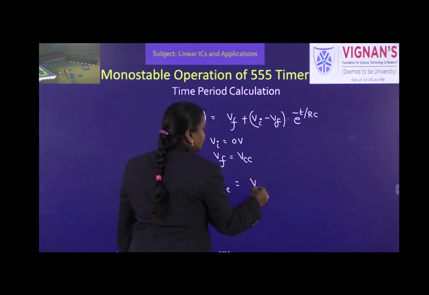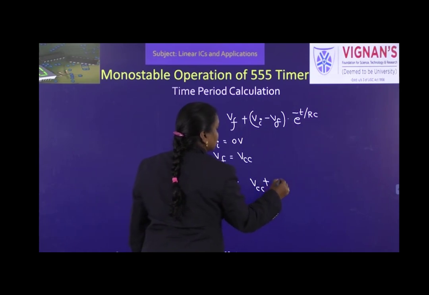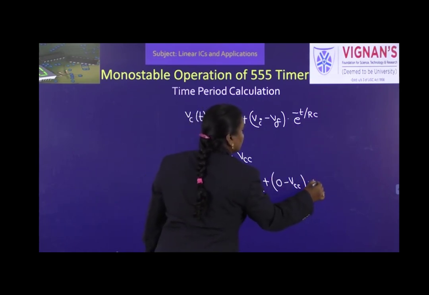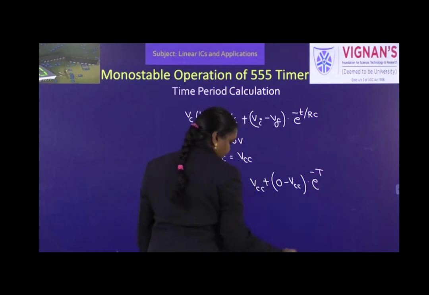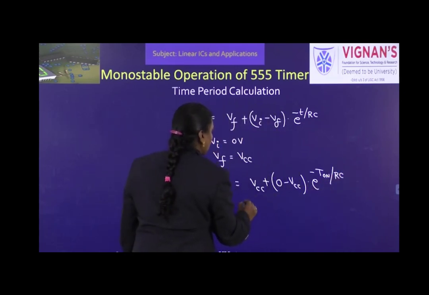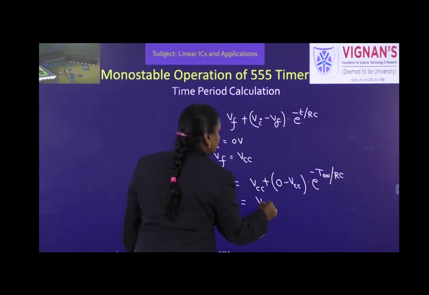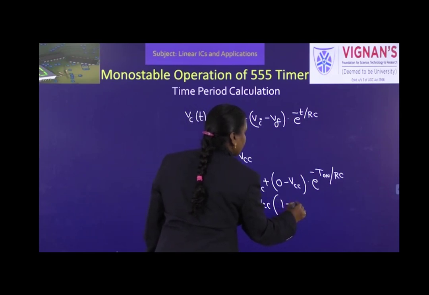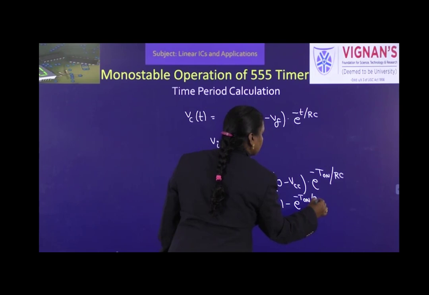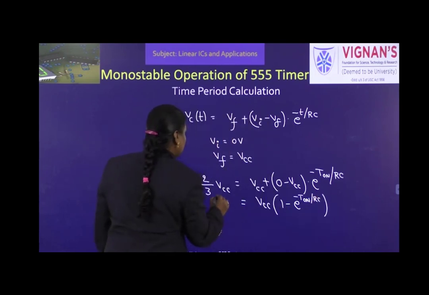So V final is VCC plus 0 minus VCC into e power minus t by RC. This t is the on period. So here if I take VCC common, 1 minus e power minus T on by RC, equals 2/3 VCC.